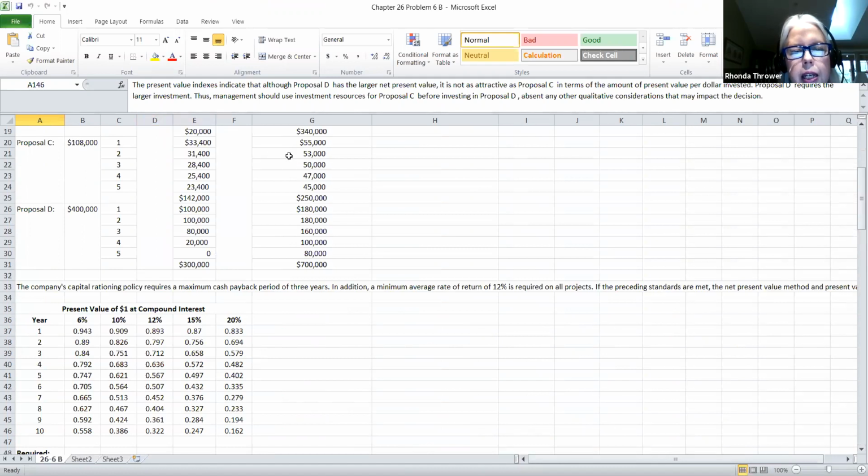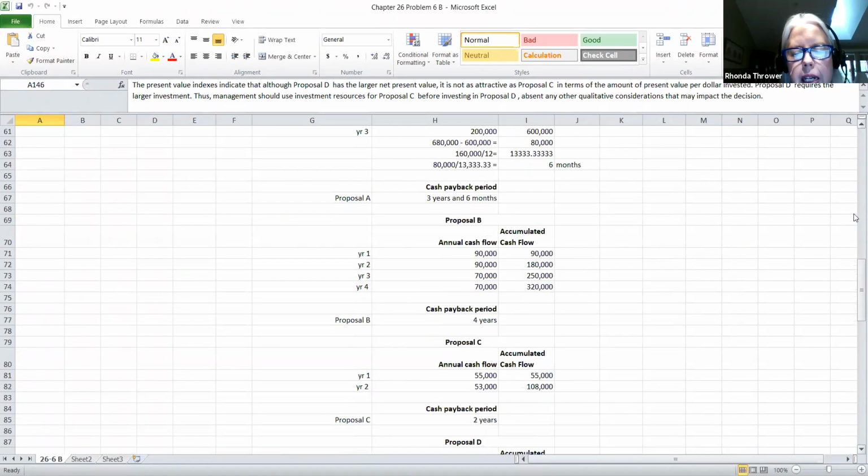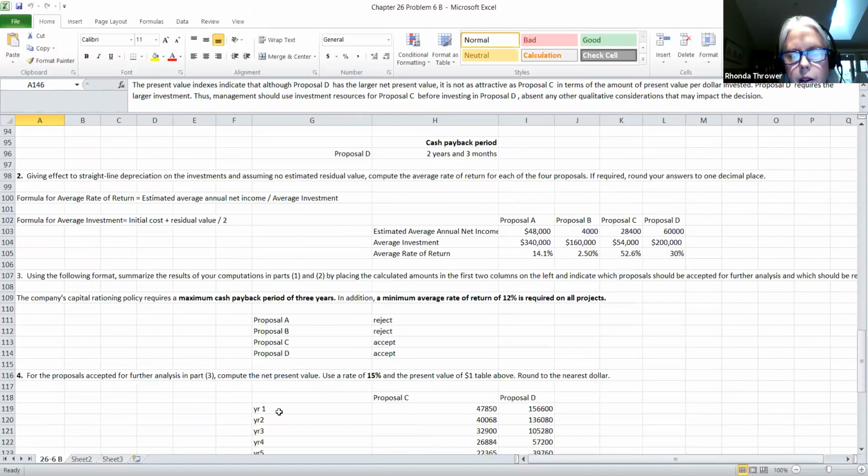So proposal C had 55,000 for year one as a cash flow. I'm going to multiply 55,000 times 0.87 to get the present value in the first year of proposal C. So year one, the present value was 47,850.